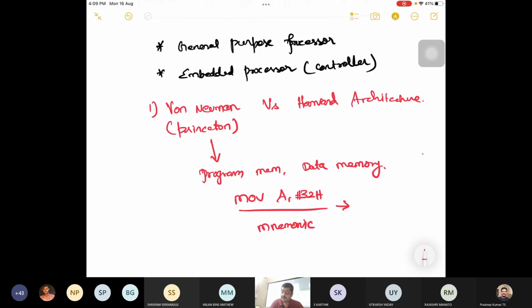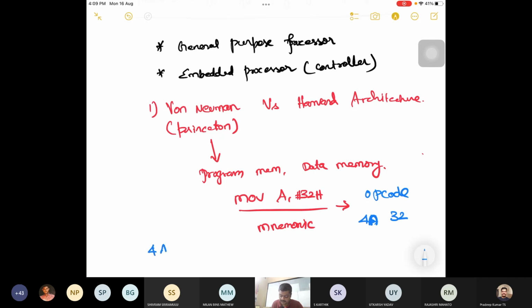When you convert this into an opcode, 32 is one number, and the equivalent of move A is a value like 4A. It's hexadecimal, so to indicate hexadecimal I use 4A and 32.